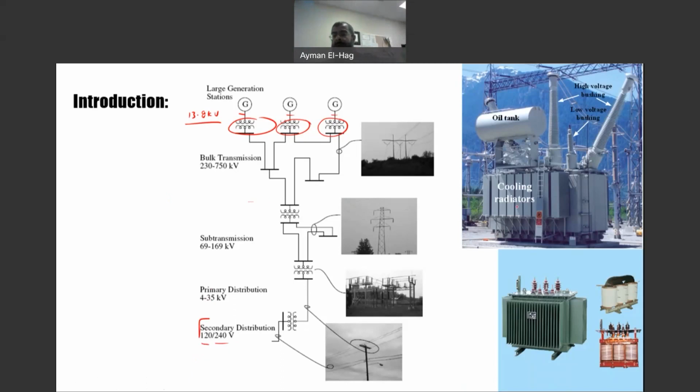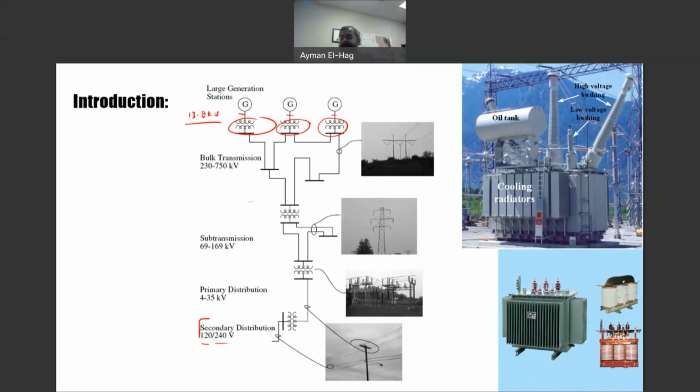Now, these transformers, as you can see, these tanks, depending on the power rating of the transformer, could be huge, very large, or moderate, or smaller. They are filled with oil. And this oil has two main functions. It's used for cooling, because current flows and heats the conductors, so you need to dissipate this heat, and we use the oil for that.